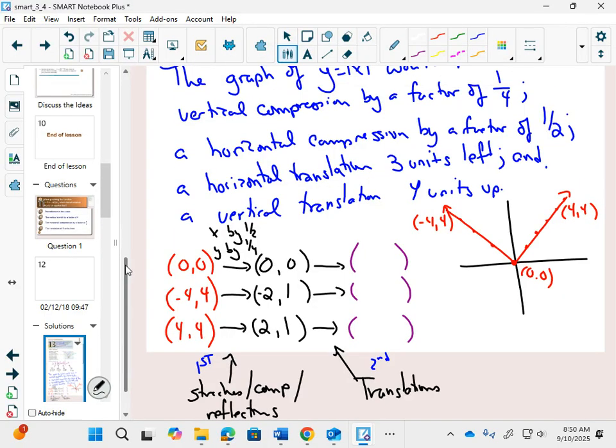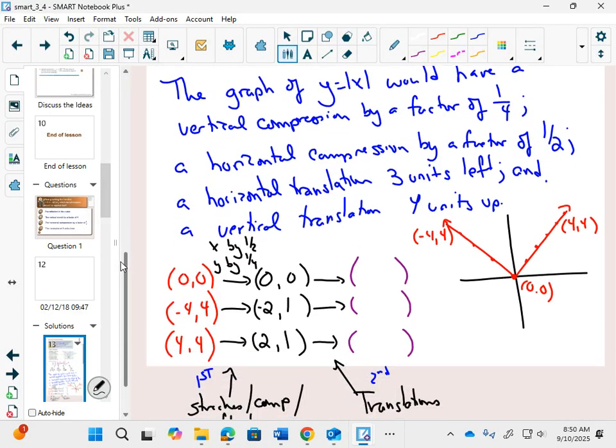Next, above the next set of arrows, I'll write my translations: 3 to the left, and 4 up. So the points become -3, 4, -5, 5, and -1, 5.